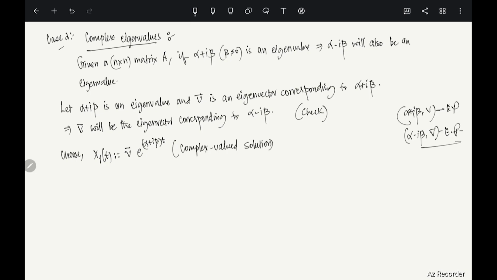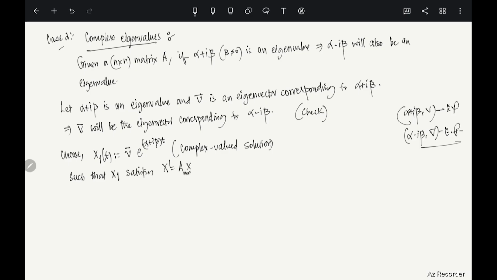Clear? Now if this is the case, choose this such that x1 satisfies x prime equals to ax, n cross n.